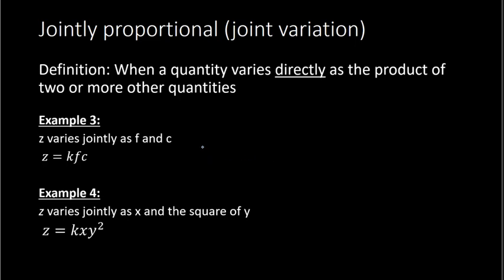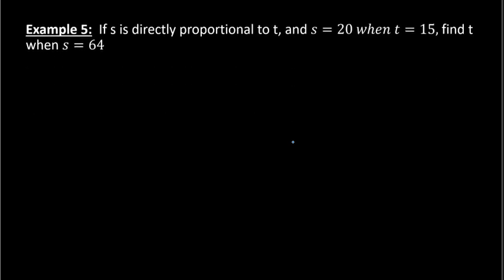So now that we know how to convert from English into math notation, we need to know how to work with this, how to use these equations to solve different problems. For example, if we said that s is directly proportional to t, and s equals 20 when t equals 15, find t when s is 64.